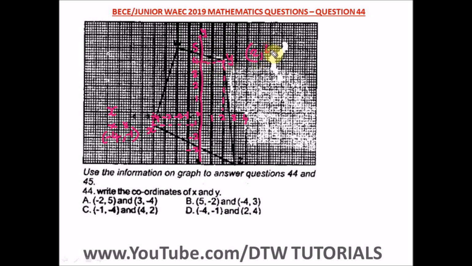So it's 2, comma, 4. So these are the coordinates of x and y. So we have -4, comma, -1, then 2, comma, 4, okay. So these are the coordinates of x and y on this particular graph.